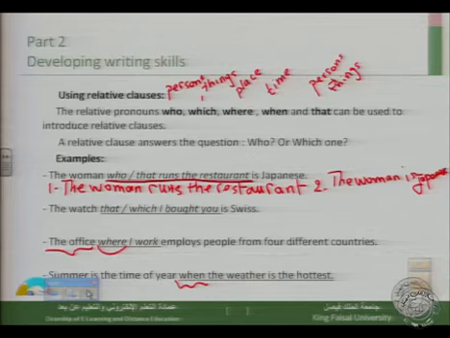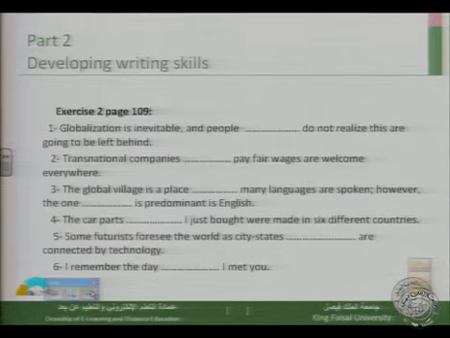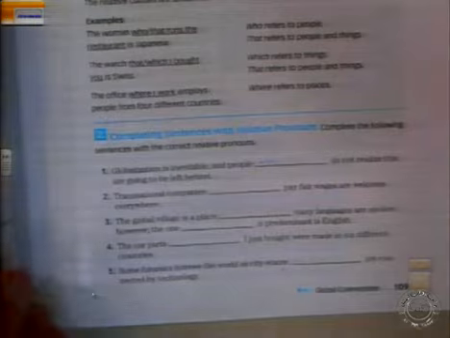To put this information into practice, we will move to an exercise on page 109. It's exercise 2.